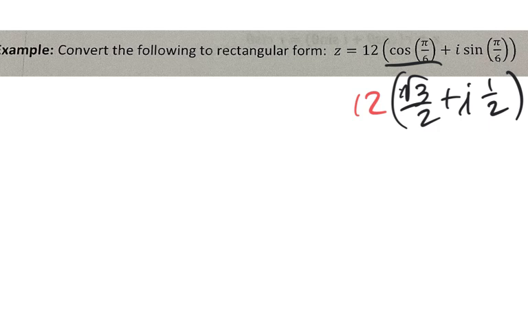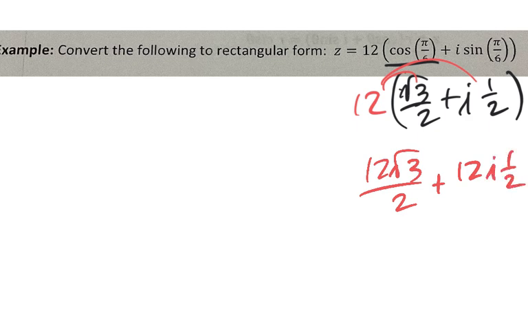And then the 12 is out front, right? So this is 12 radical 3 over 2 plus 12 times i times a half. We'll just simplify this. What's 12 over 2? What's 12 times a half?